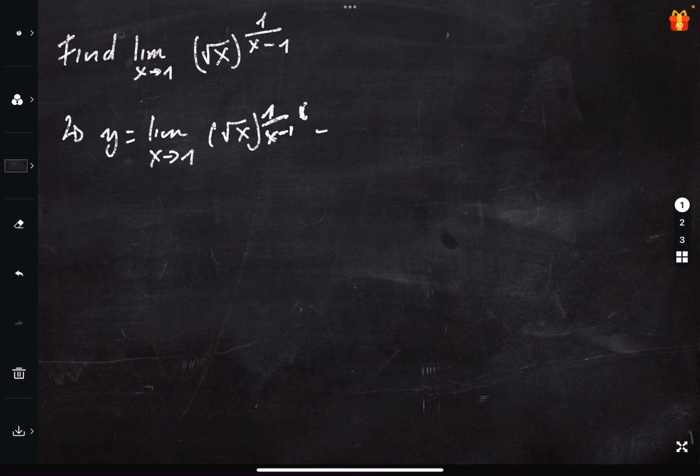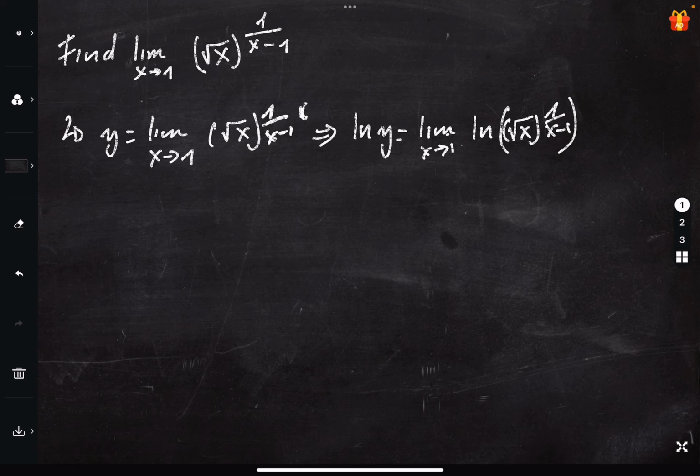So what I'm going to do is take the natural log on both sides. I'm going to take the natural log of y, which is the function, and the natural log of what I just made. The limit as x approaches 1 of the natural log of this whole thing, square root of x to the power of 1 over x minus 1.